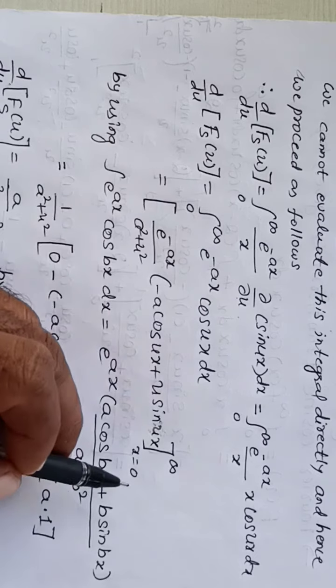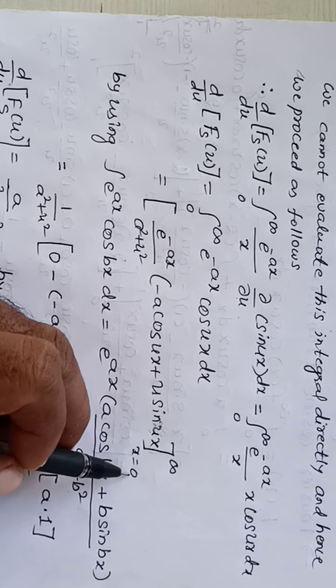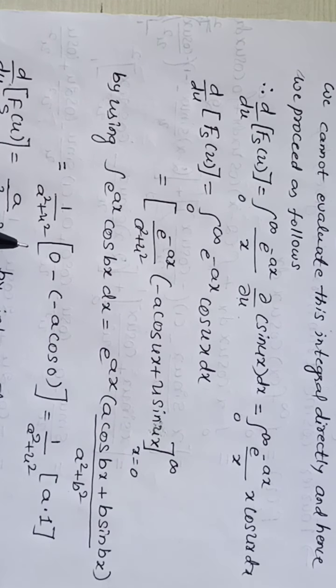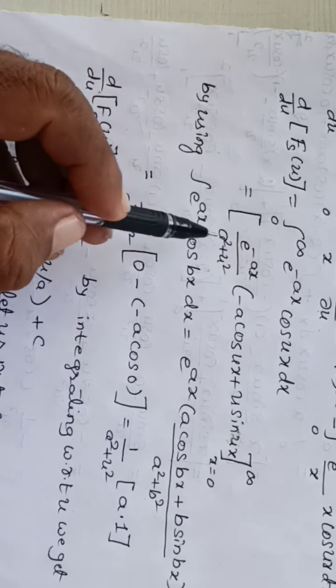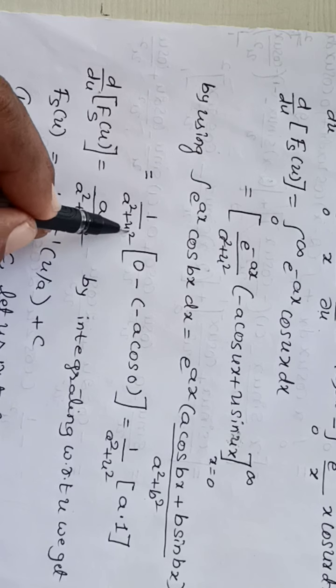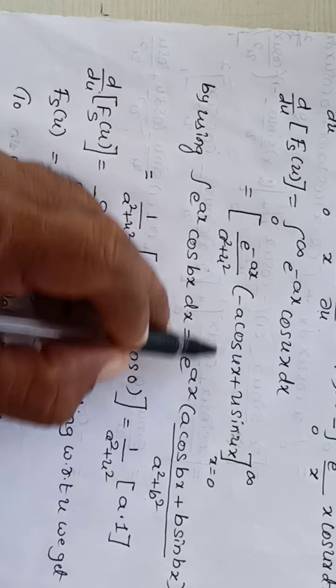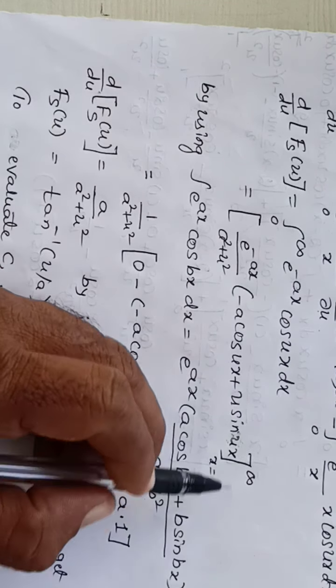Now integration is over. Put the limits 0 to infinity for x. I take the common term 1 by a square plus u square outside.